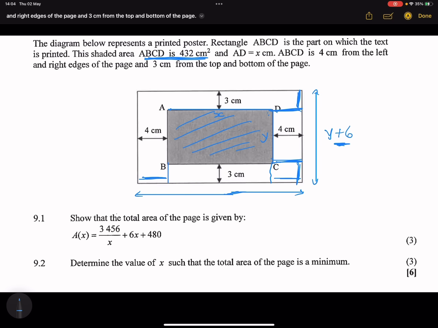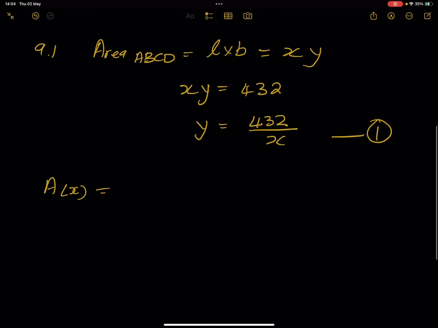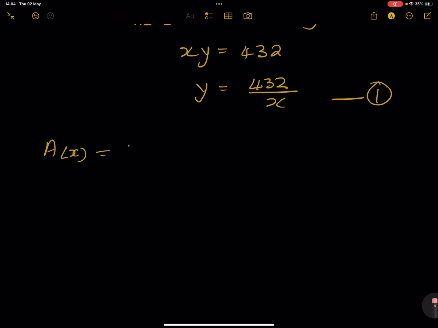The length would be x, so that's x over there, plus 4 and 4 on this side. So that's x plus 8. Do you agree with me? Right? So to get the total area, it would be x plus 8 multiplied by y plus 6. Okay. So the total area, again, length times breadth, would be x plus 8 times y plus 6.